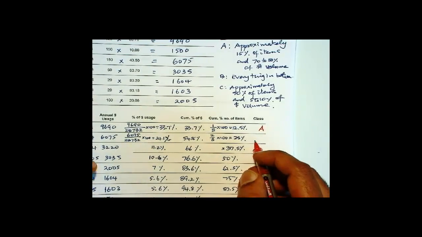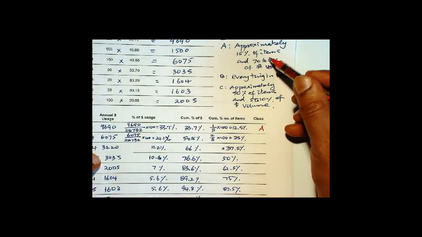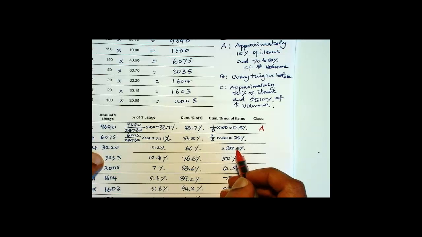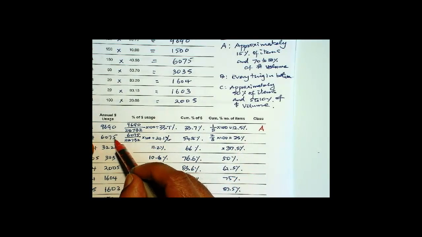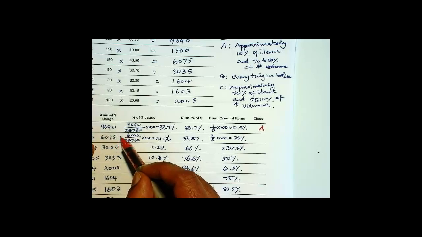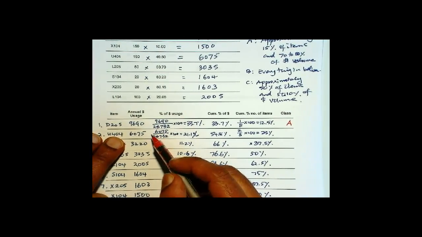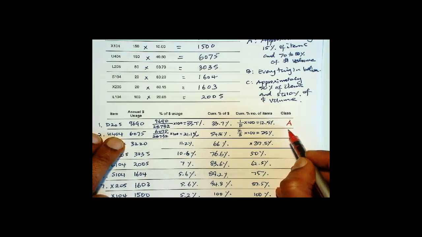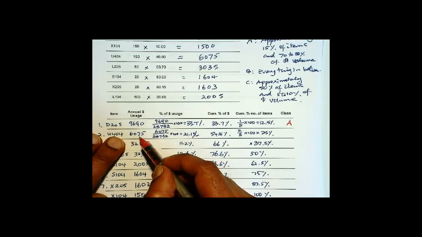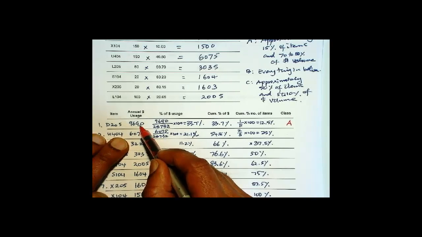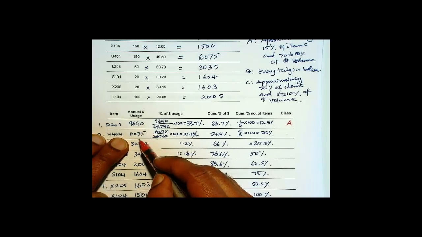Now how do you try to resolve this discrepancy? Well, one way to look at it is to look at the annual dollar usage. Okay, so now the question is whether we stop here or proceed further down as A. Is this annual dollar usage closer to the previous A or the one that comes below it?